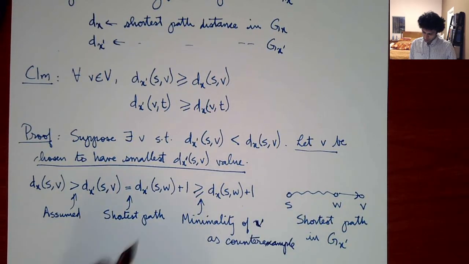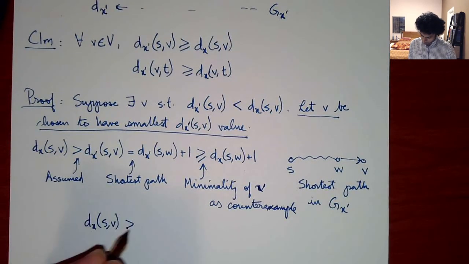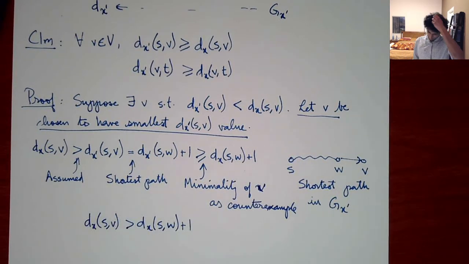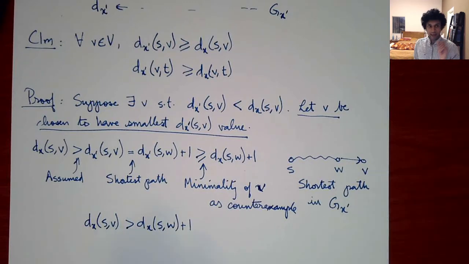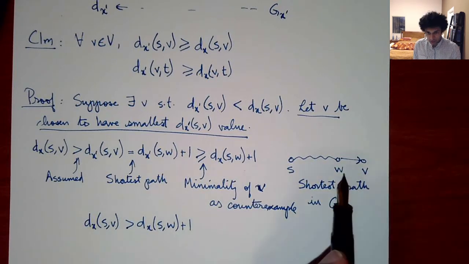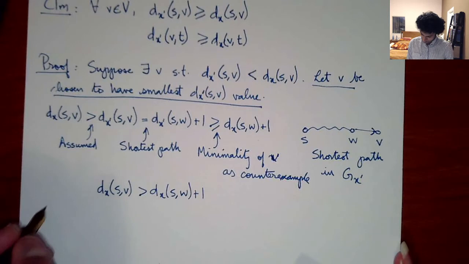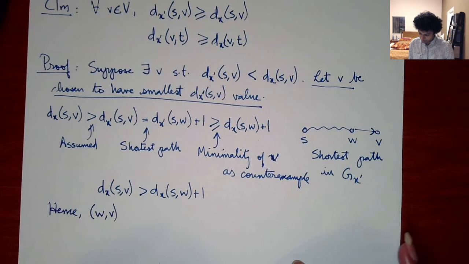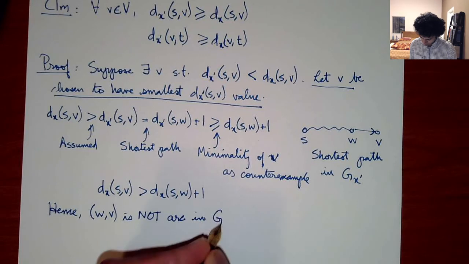So when I just write it out together, I get d x s v is strictly greater than d x s w plus 1. So this says that the shortest path distance in G of x from s to v is strictly greater than that of s to w plus 1. Hence, w v is not an arc in G of x.